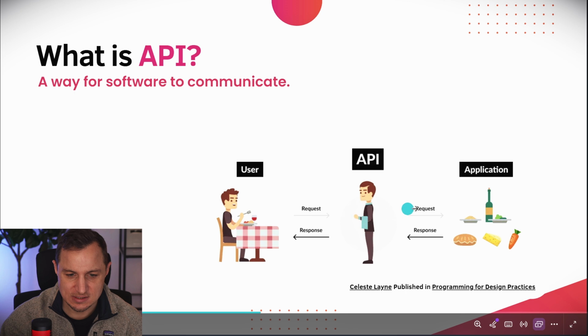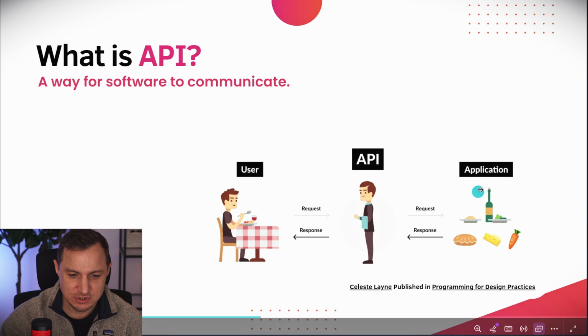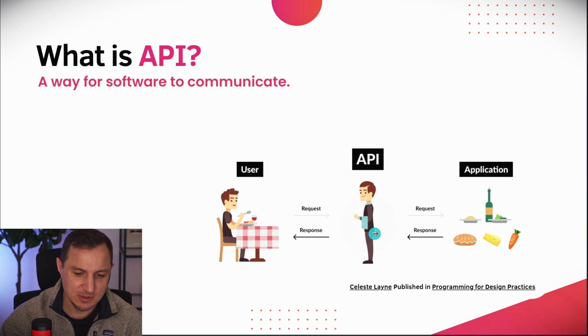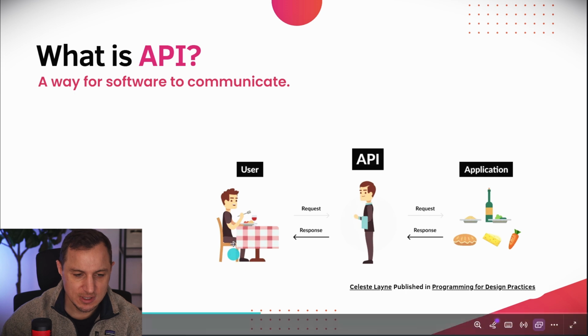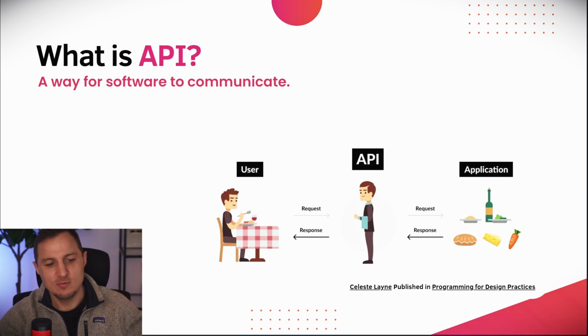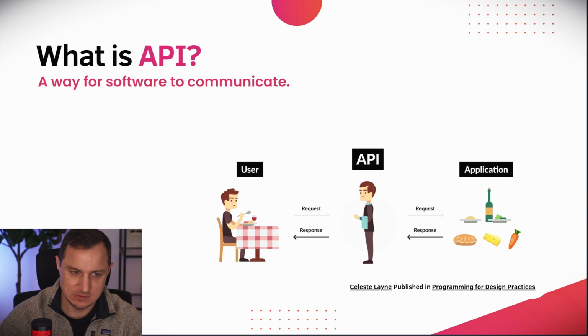So the API is sending that request to the kitchen saying, hey, user wanted wine and spaghetti or whatever. And then once the kitchen is ready, it's sending over the response to the API, which can be the pizza, which can be the pasta, the wine, and so forth. And the API or the server is then sending that response over to the user, giving the user all of the relevant things, such as wine, pasta, pizza, and so forth.